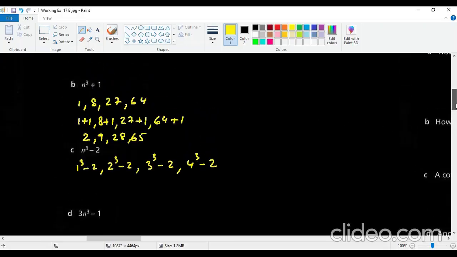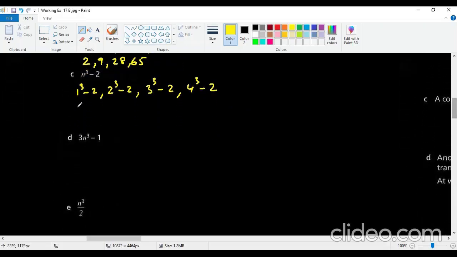Now comes 1 minus 2, 8 minus 2, 27 minus 2, and 64 minus 2. So this gives you negative 1. Then comes 6. Then comes 25. Then comes 62. So this is going to be your sequence.